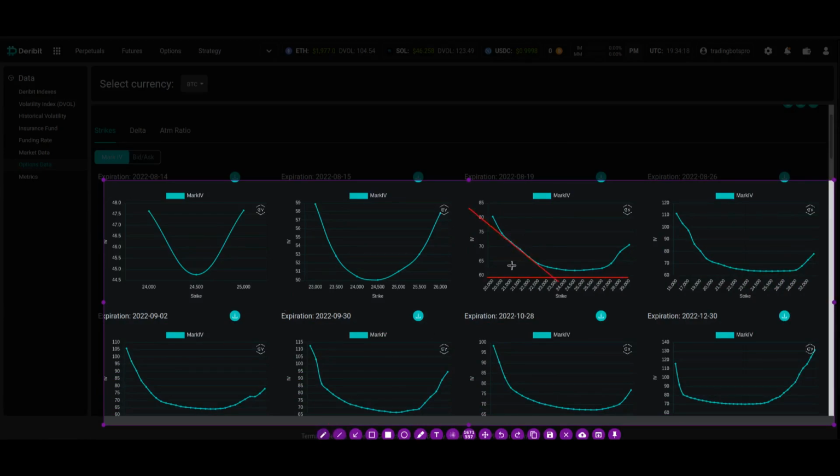That means that the price of the option, I mean the cost of the premium, will increase very fast and very high compared to the case when the BTC price goes up.